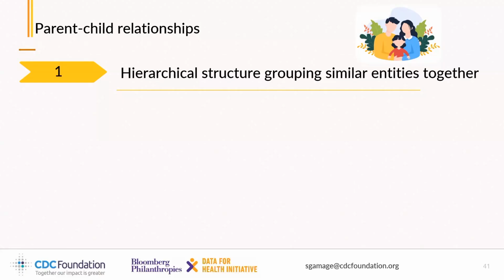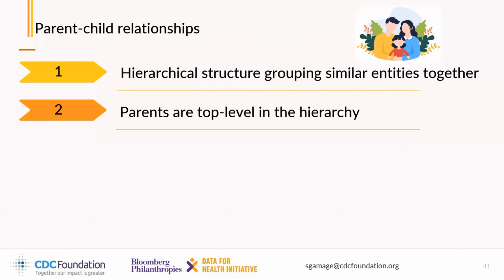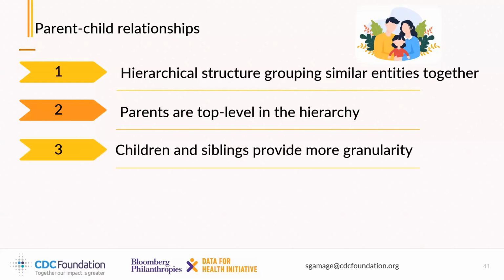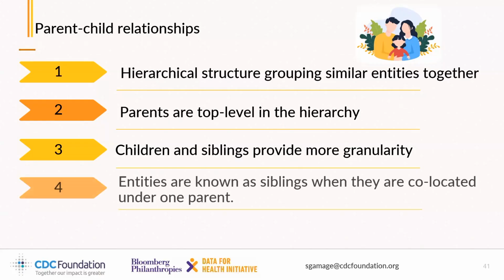The hierarchical structure groups similar entities together. A parent is a broader category or grouping under which one or more related concepts, that is, children, reside. A child is a more specific concept that falls under a broader parent category. So parents are at the top level of the hierarchy. Children and siblings provide more granularity.